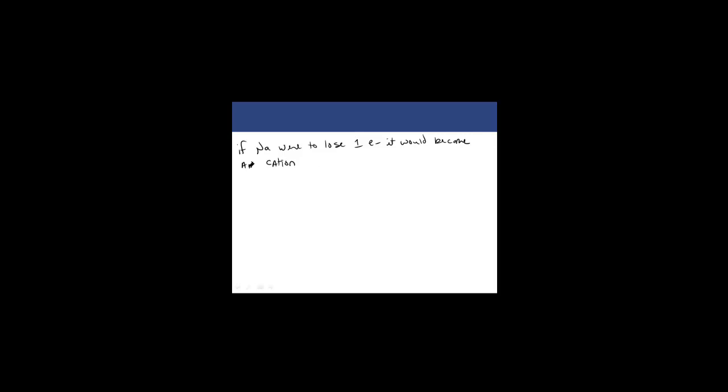Let's redraw our sodium atom. Here we have sodium. We know that there are how many protons in the nucleus? 11 protons. And in the first energy shell, we have 2 electrons. 1, 2. In the next energy shell, we would have how many? 8.